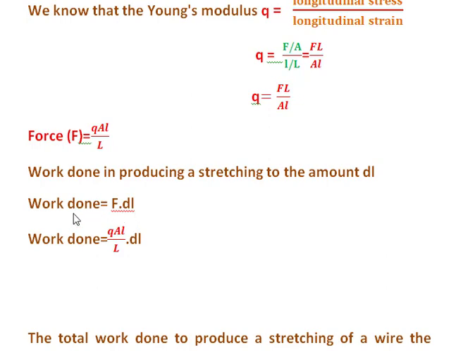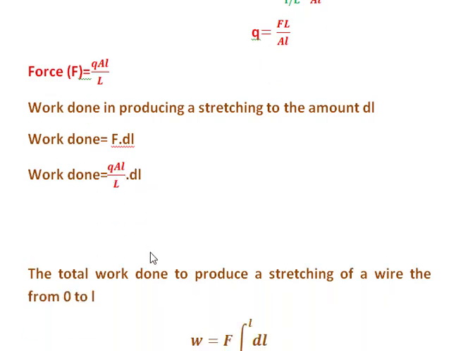So the work is equal to force into distance. F is the force, dl is the distance, the change in length. So work done equals force into dl. We already derived the expression for the force, Y A l by L. So work done is equal to Y A small l by capital L into dl.